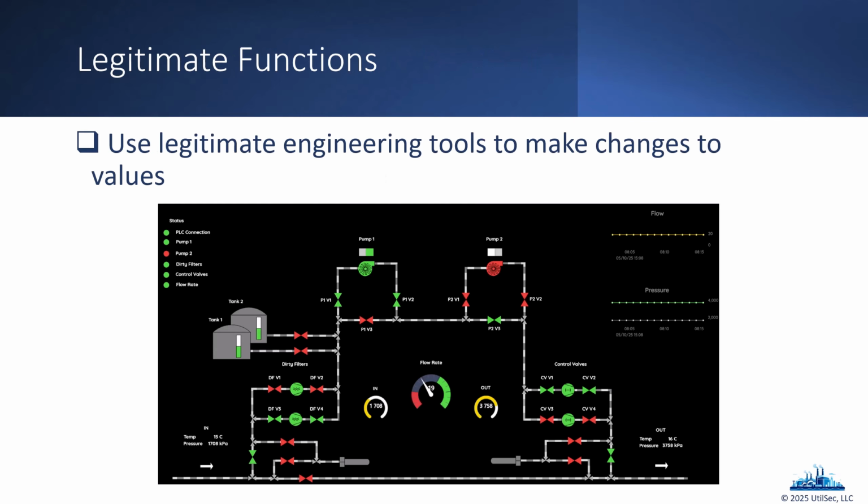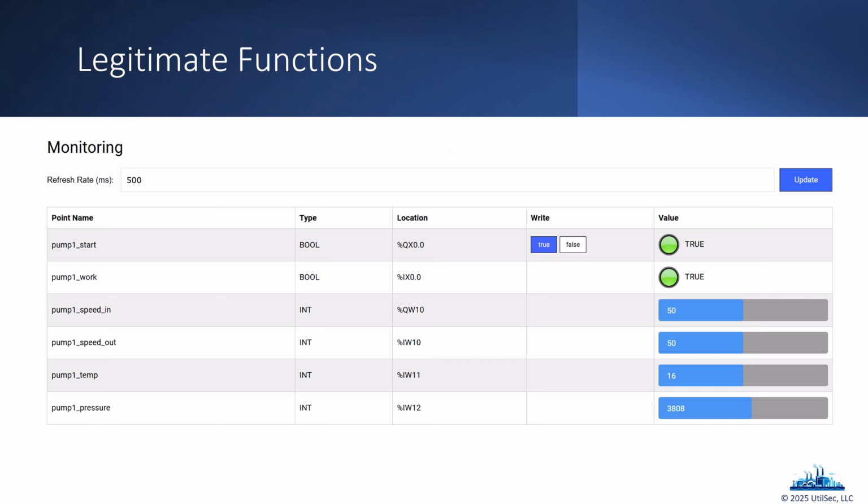Or in this case, like in Lab Shock, we have our HMI. We're looking at the environment. Lab Shock was built using open source tools, and this is the OpenPLC backend. You can see not only the data, the labels or tags we were mentioning earlier, like pump 1_start.